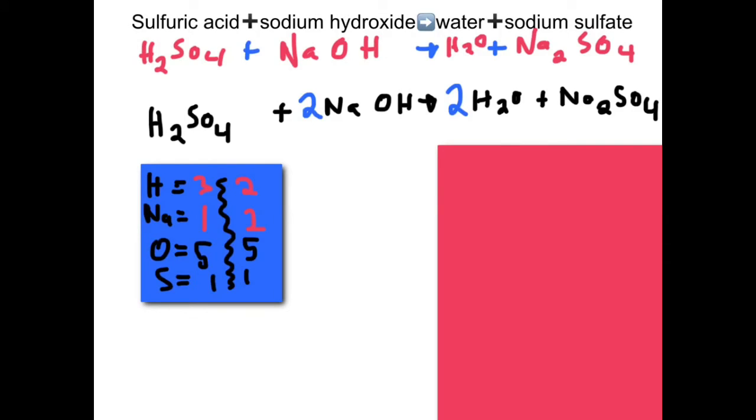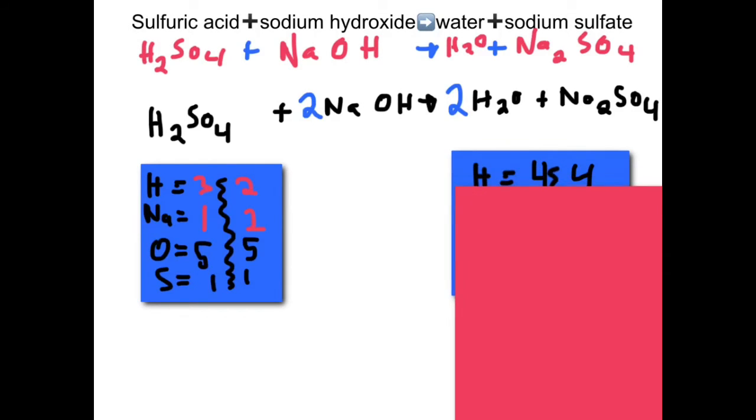That's going to end up looking like this on a rewriting of our chart. So we've got our nice little 4 and 4 here. And now let's look at sodium. We've got 2 sodium and 2 sodium, meaning that if we rewrite it again, 2 and 2.